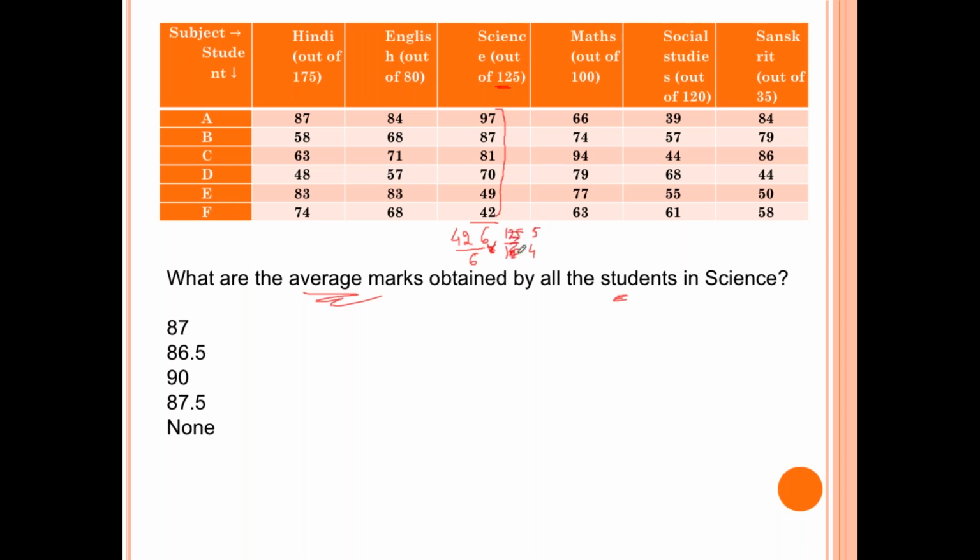This number is divisible by 6, so we divide by this, 71. So this is 71 into 5 by 4, so it is 355 divided by 4, which is 88.75. So my answer will be none of these. 88.75 will be none of these.